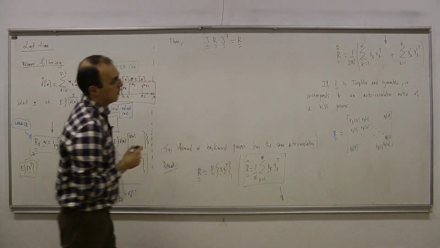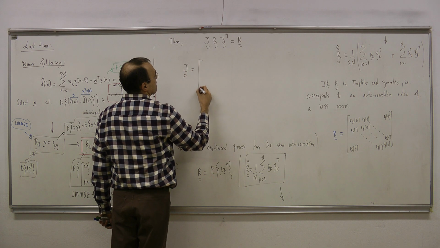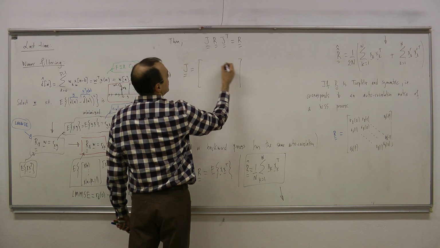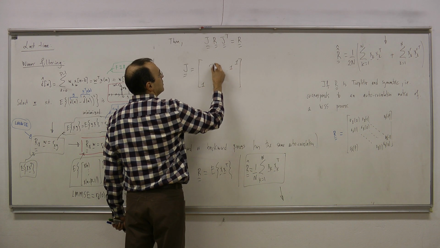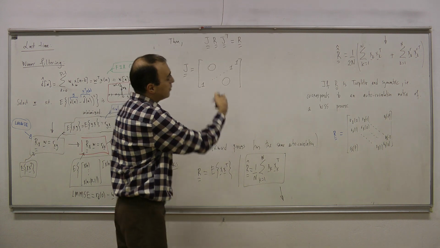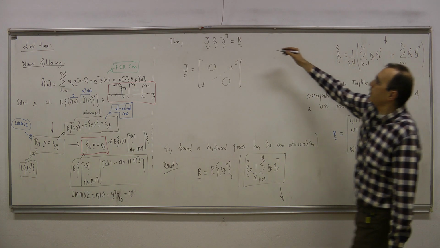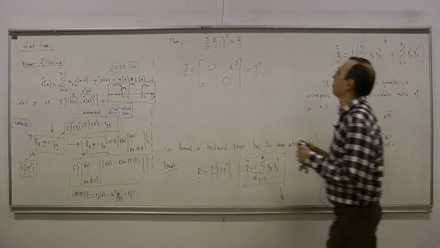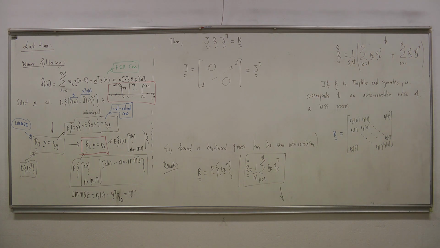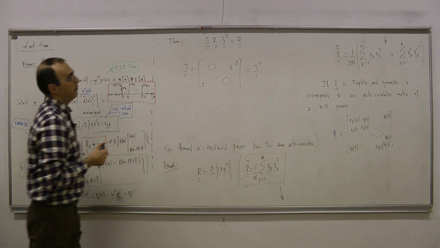Okay. So what is this J? The J matrix is this matrix, I have ones and zeros. So this is a reversal matrix, as you see. So you see that this is equal to J transpose, because if you take the transpose of this, you have the same matrix.